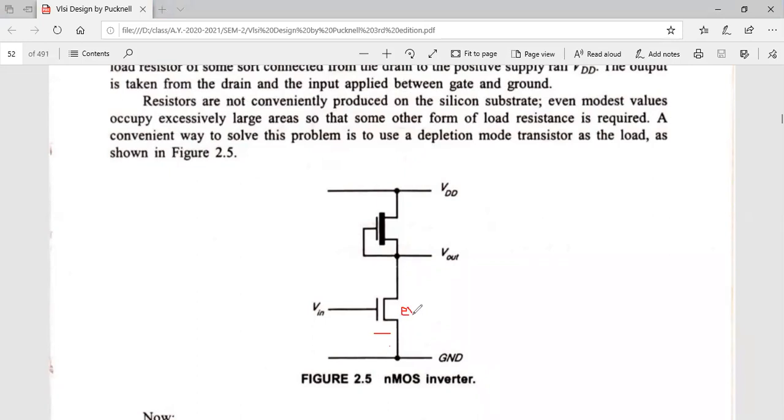At this point, I need to use a resistor. It will generally be a load resistor. Instead of that resistor, I am using something else here.